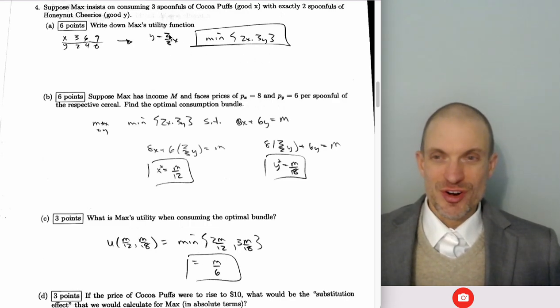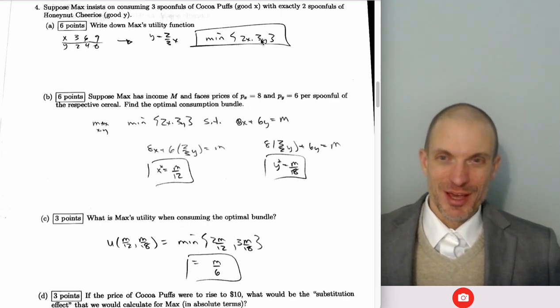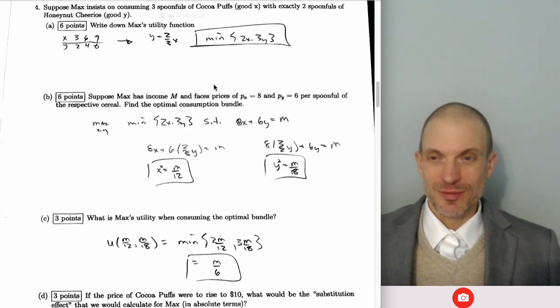Well, going in reverse, we have that ray through the origin from what we're backing out right here. I can replace the equals with a comma and then multiply through by 3. And sure enough, here's my utility function.